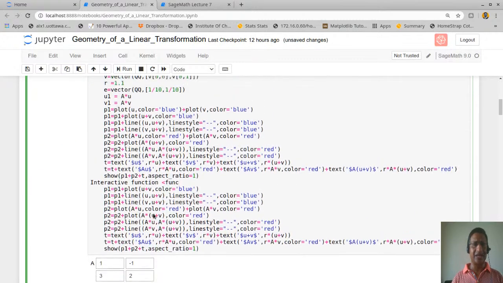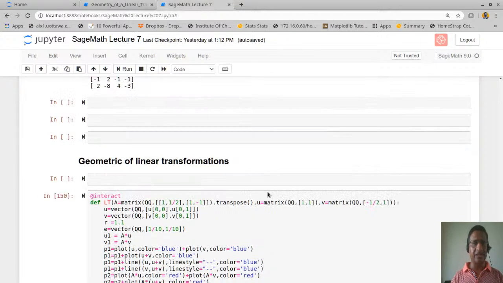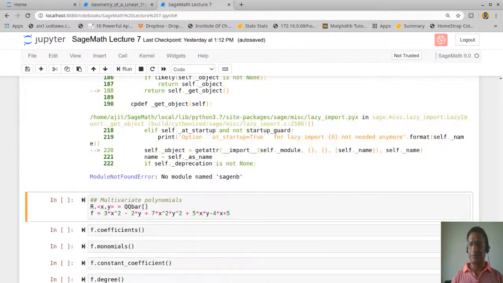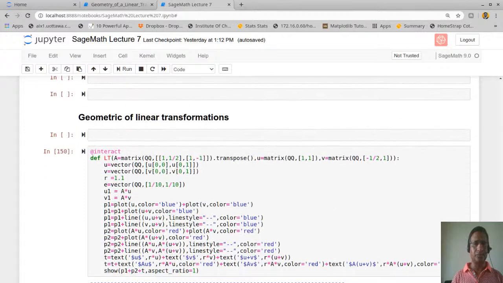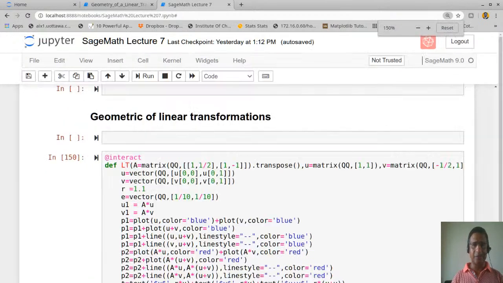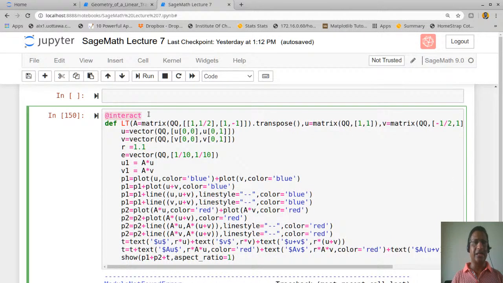It is fairly simple. You simply take a matrix, you have to use of course Sage Interact. Let me explain it here. Let me make it slightly bigger. So all you have to do is use @interact and define whatever function you want.